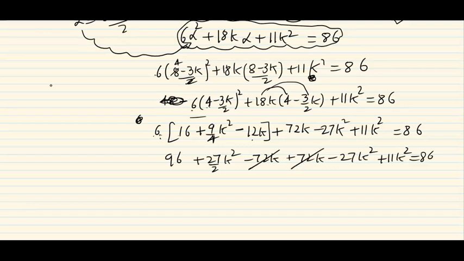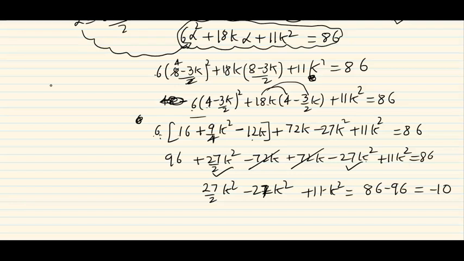So it's very easy now. So 27 over 2 k square, minus 27k square and plus 11k square, and it should be 86 minus 96, that should be minus 10.